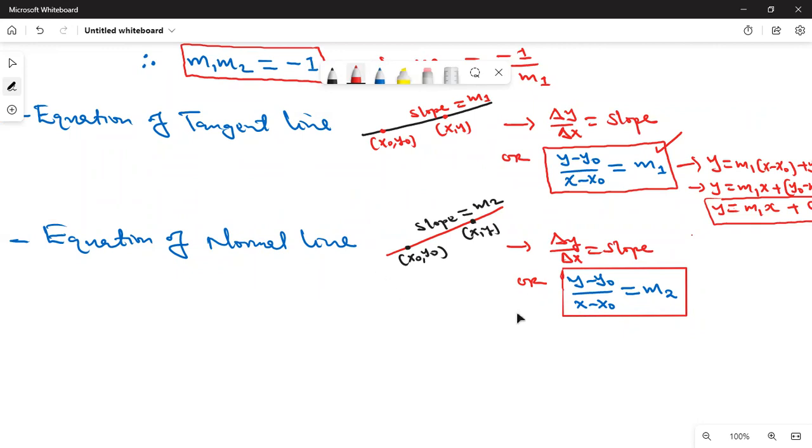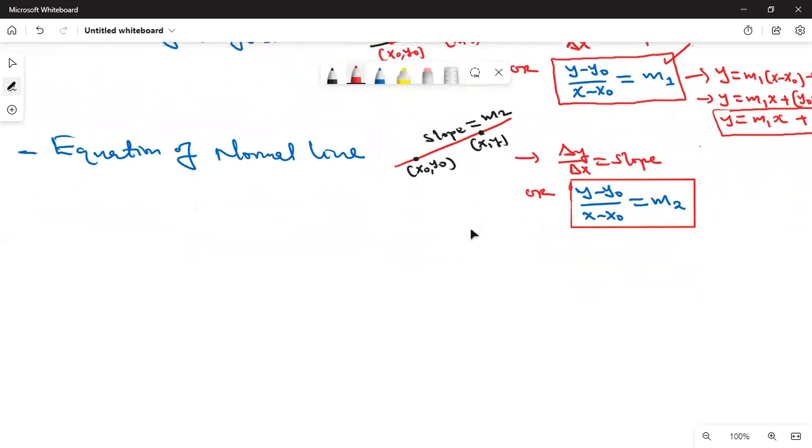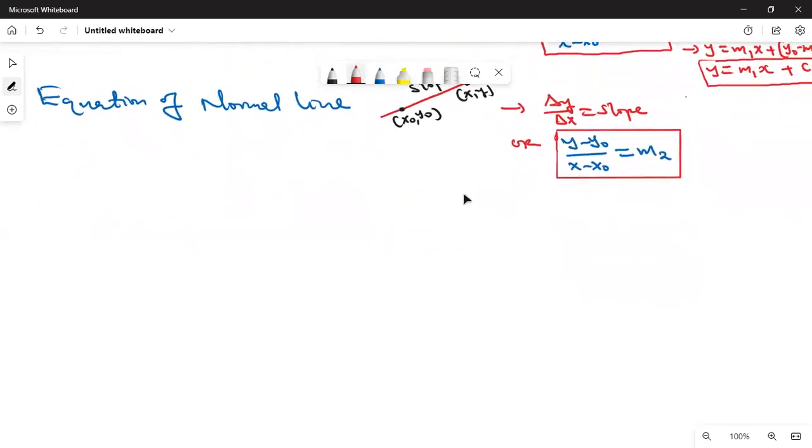So having explained how to find the gradients of those two lines and the equations, let's see some examples where we need to find the equations of tangent and normal line. So we'll have two examples. Example number one, let me write it.